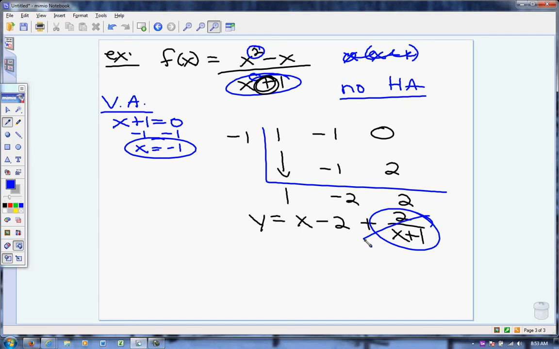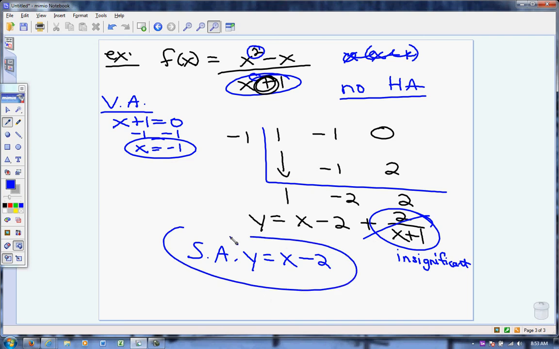It's considered insignificant. Everybody's greatest fear, to be insignificant. But that little thing at the end is insignificant in the grand scope of things. So our slant asymptote has an equation of y equals x minus 2. Isn't that just a nice little linear?